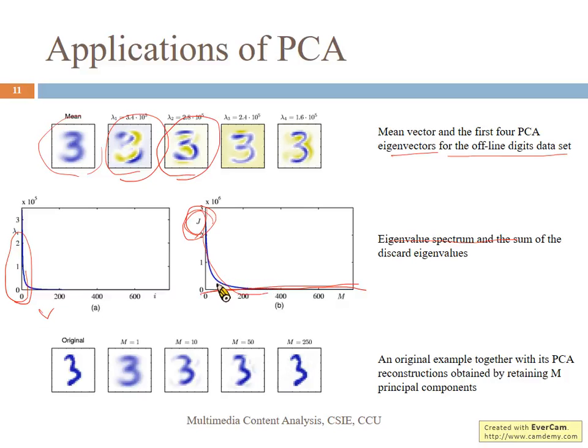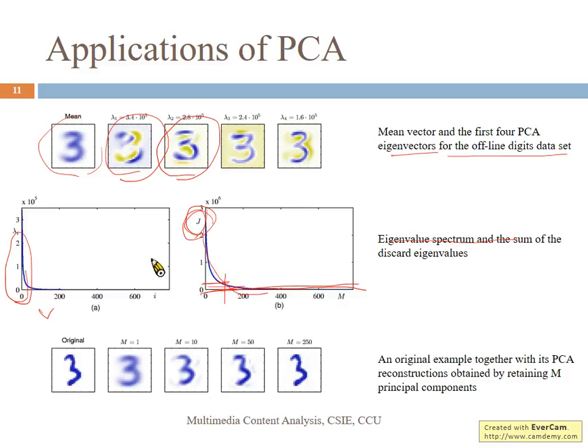So maybe we can just represent the data by a 100 dimensional feature vector, so that we have very small approximation error. And of course, if we increase the number of basis vectors to represent the lower dimensional representation, we have an even smaller approximation error.